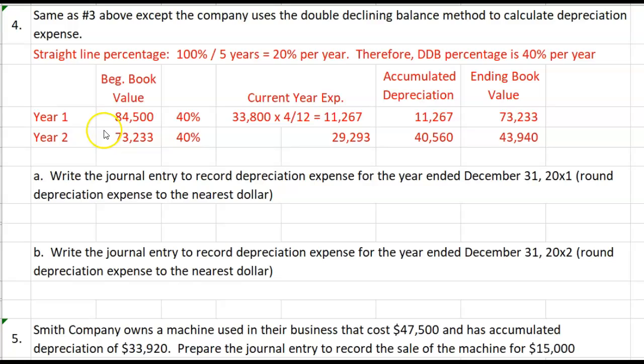So now compare your depreciation expense for year 1 and year 2 and fix it if it's not right, because you can't possibly get the journal entries correctly written if you have not correctly calculated the depreciation expense for each year. And then go ahead in number A, use $11,267 of depreciation expense to write your journal entry. And in year 2, use the $29,293 depreciation expense to write your journal entry.